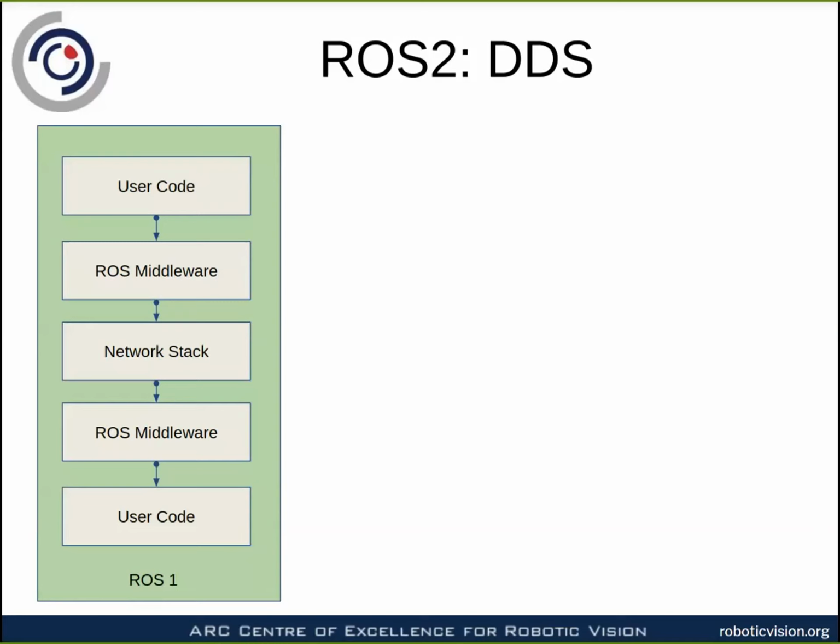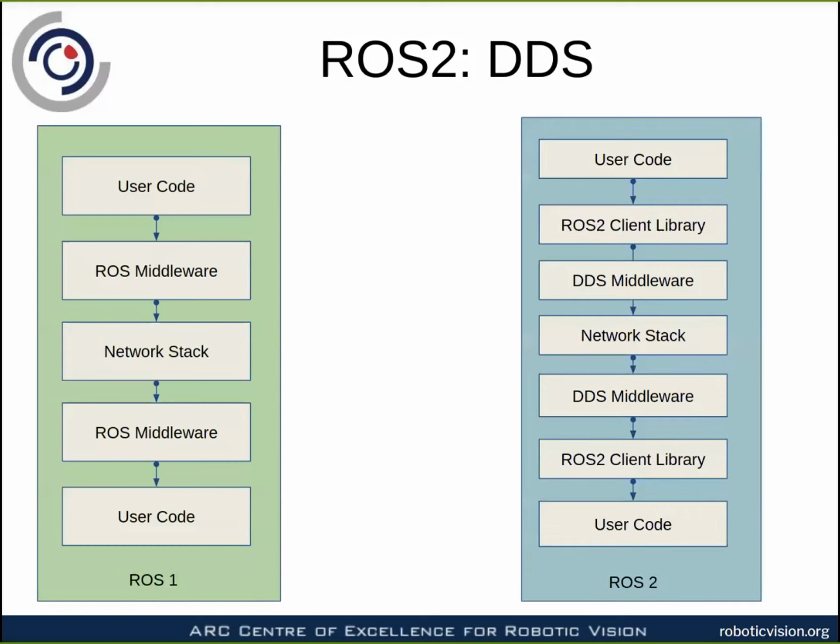It communicates to the middleware, which serializes all of your messages, shoves them through the network stack to another middleware, which then decodes them and passes that back to user code again. Right? In ROS2, they have used a third-party off-the-shelf middleware called DDS. So they've given up on this idea of maintaining their own middleware.